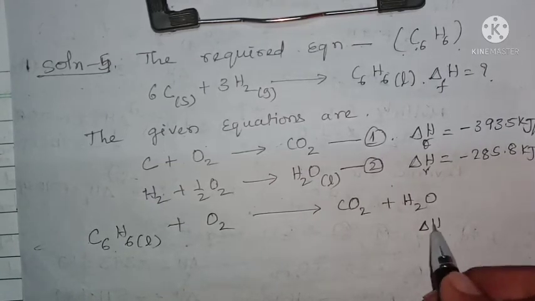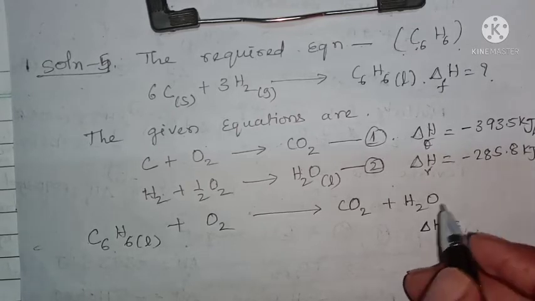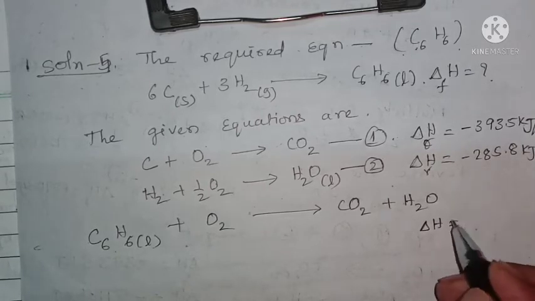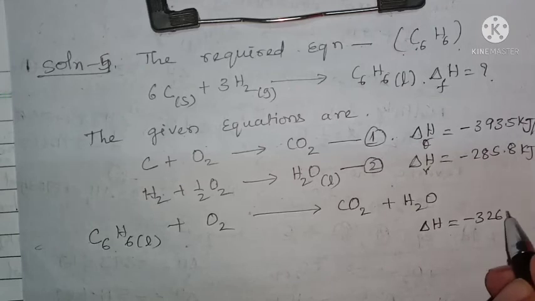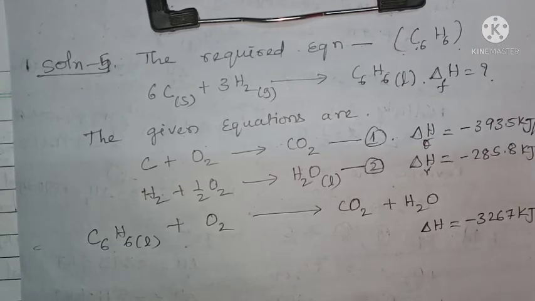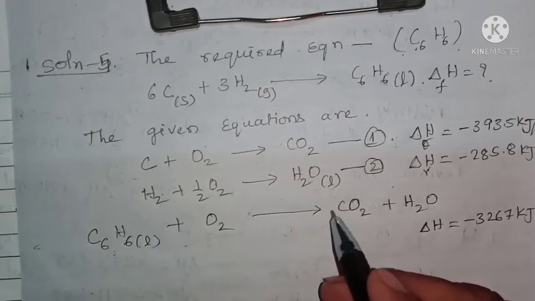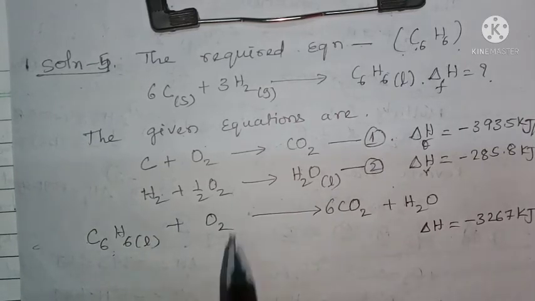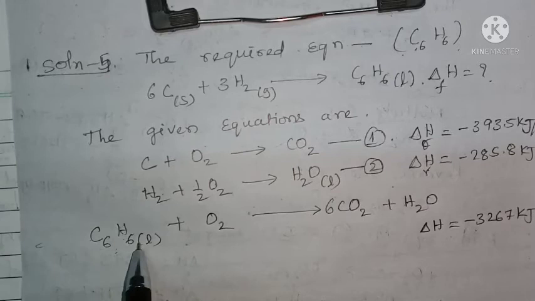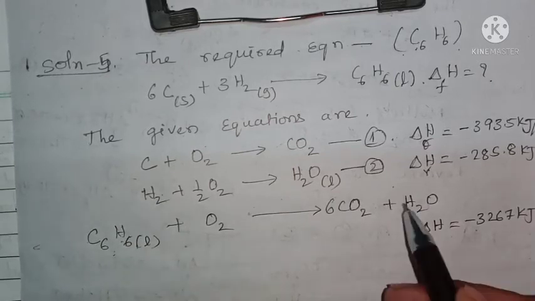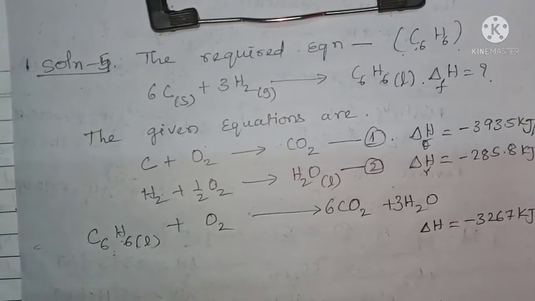And enthalpy of reaction is minus 3267 kilojoules. This much amount of heat energy is liberated on burning. So we have to balance this equation. 6 carbon atoms are there, so I have to write 6 CO2. 6 hydrogen atoms are there, so I have to write here 3 H2O.